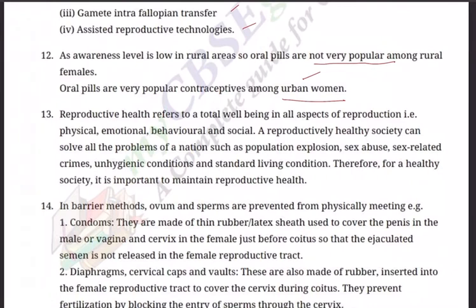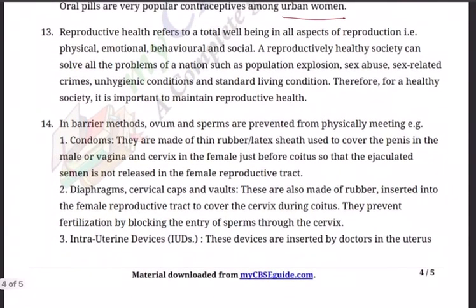A reproductively healthy society can solve all the problems of a nation, such as population explosion, sex abuse, sex-related crimes, unhygienic conditions, and poor standard of living. Therefore, for a healthy society, it is important to maintain reproductive health.